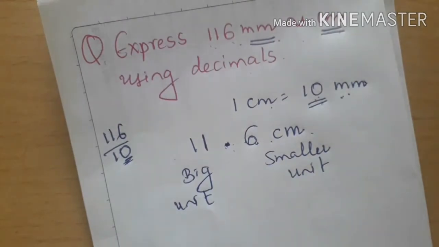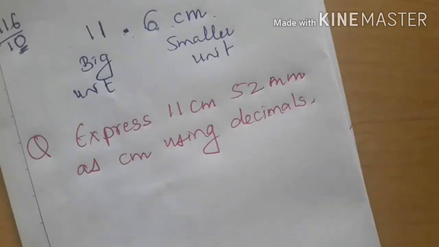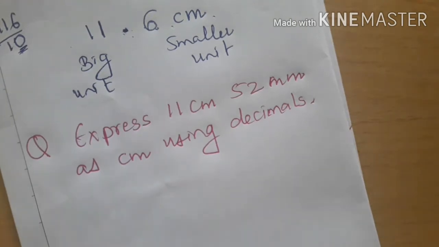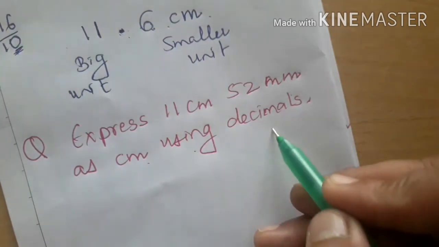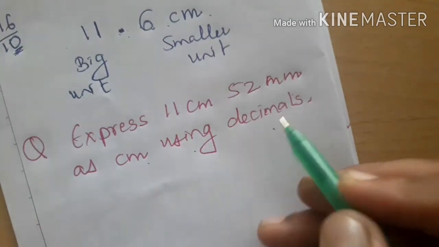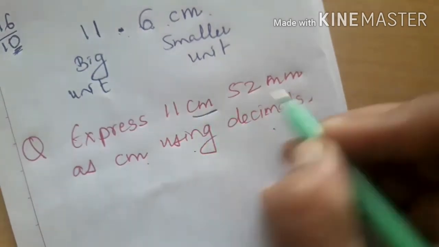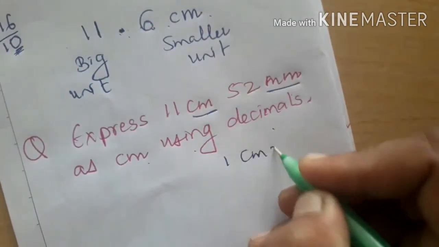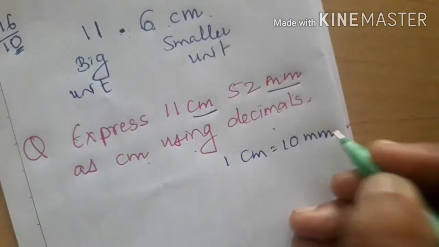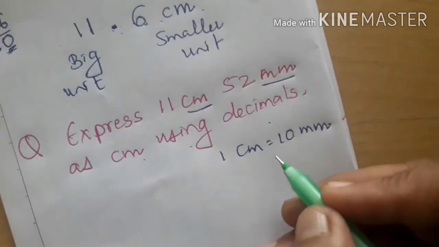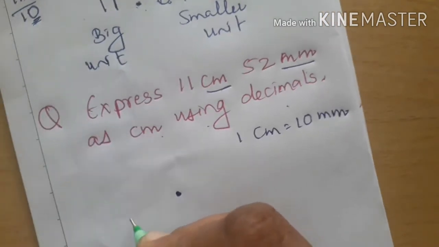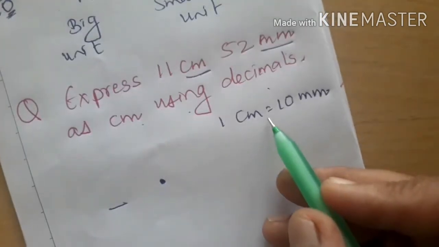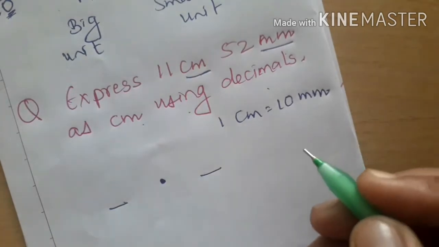Okay, one more question, let us see. Now check this question. Express 11 centimeter 52 millimeters as centimeter using decimals. Now again, you know the relationship, that is 1 centimeter is 10 millimeter. First thing, I should recall that before decimal point I should write the bigger unit, and after decimal point the smaller unit.